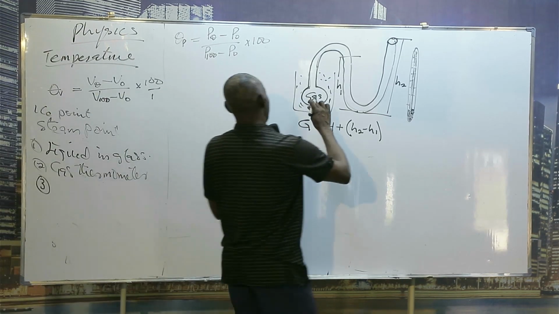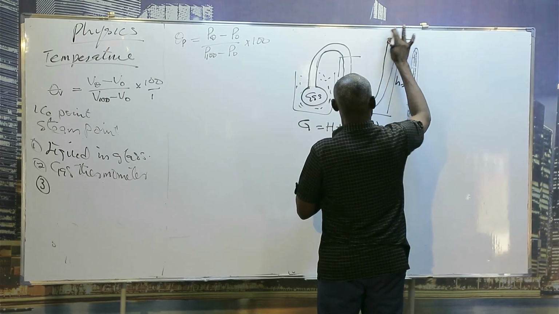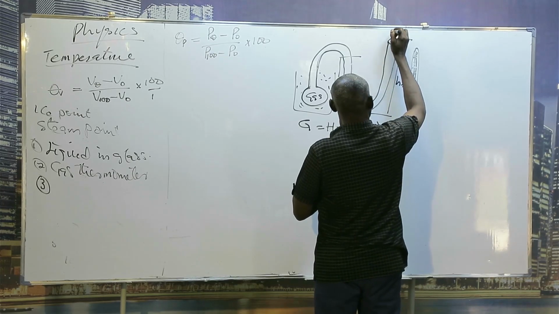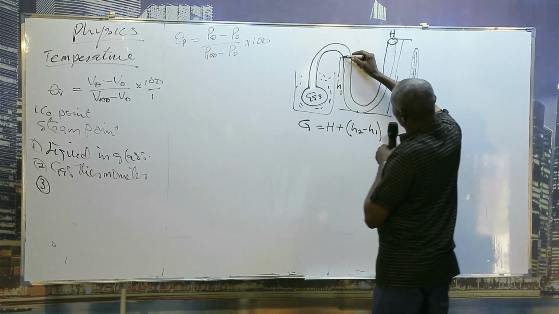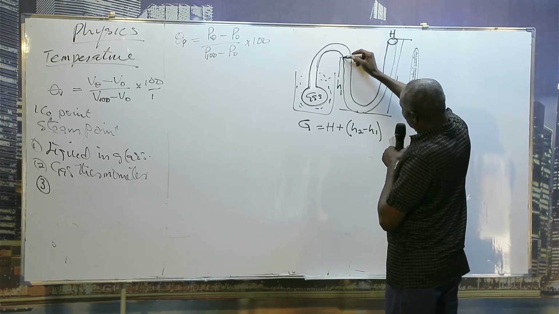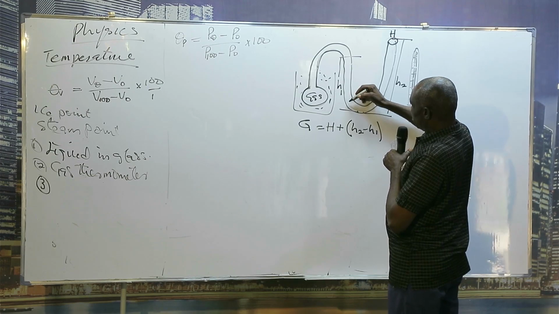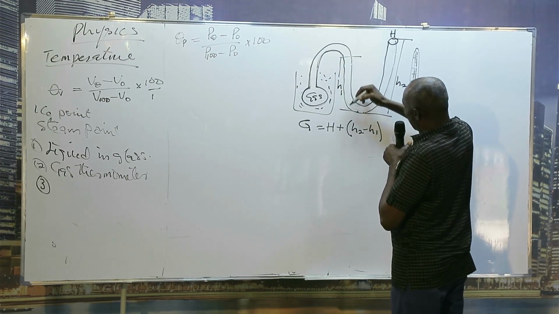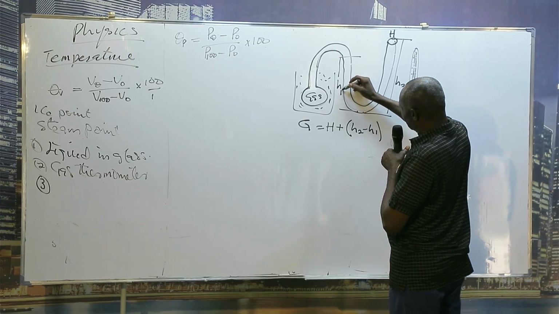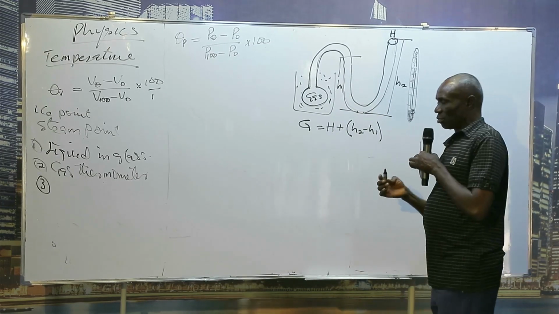Here is G, gas pressure here. Here is outside, the air coming from outside, which is big H, atmospheric. But this is the length. This is height of lower column. This is height of upper column. Height of lower column is small h1. Height of upper column is small h2.